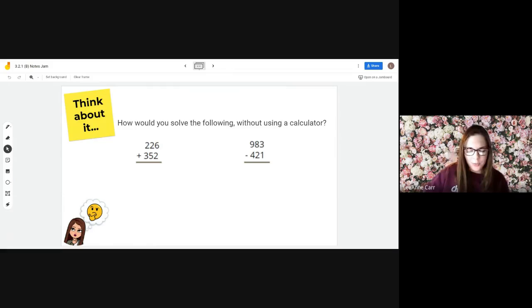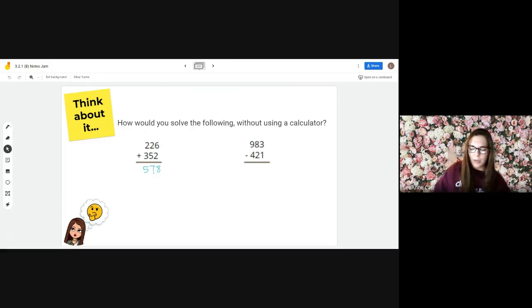So for this first problem, 6 and 2, we would add together to get 8. Then in that second column, we'd have 2 plus 5 to give us 7. And in that last column, we would have 2 plus 3 to give us 5.